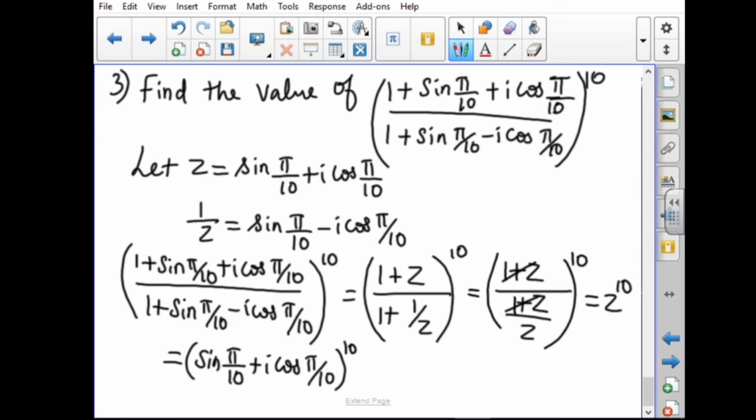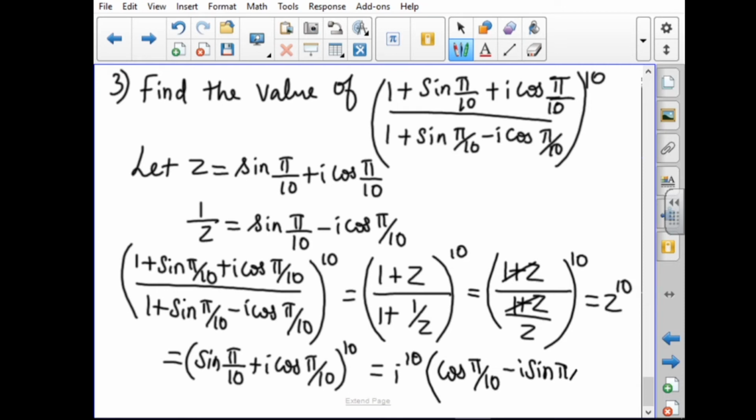Students, be clear that you must bring the power inside only when cos is in the first term. So we have to take i outside. When you are taking i outside, we have to take i power 10 outside. So first take i power 10, and then you can write the term as cos pi by 10 minus i sin pi by 10.